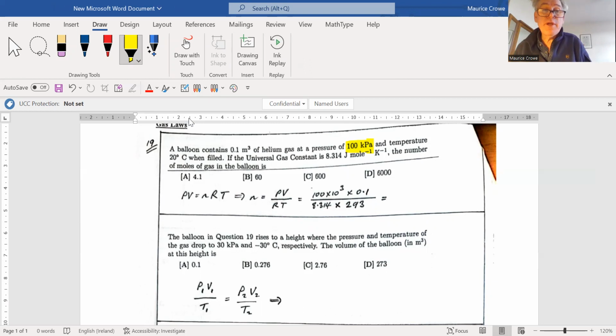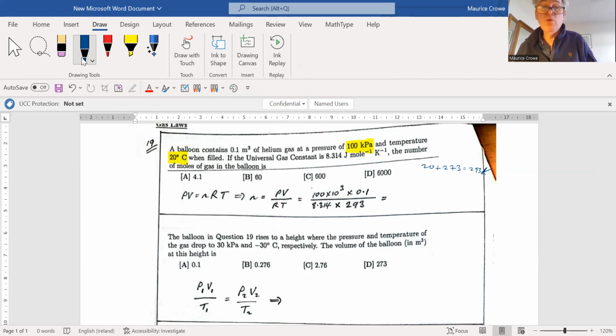And then you've got over here 20 degrees Celsius. That will have to be changed into Kelvin, so you'd add 273. So you would get 20 there and add 273 and gives you 293 Kelvin. That's the change you have to make there, and everything else is okay then.